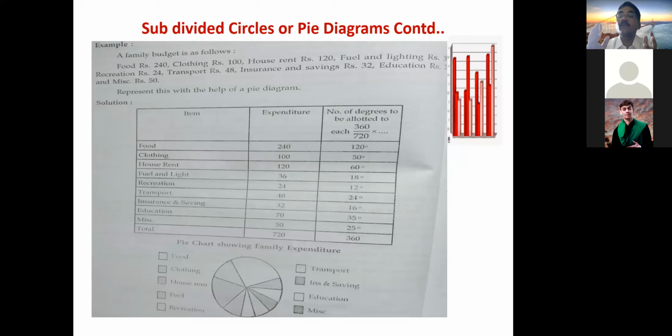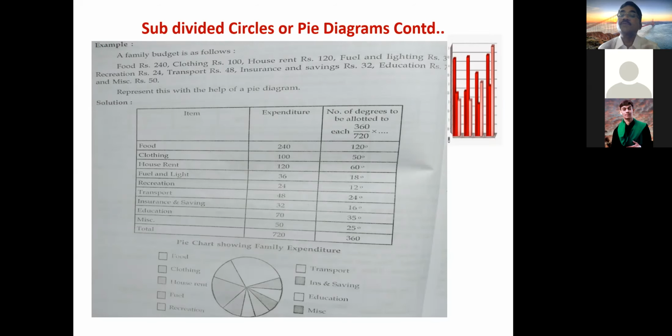Whatever component's expenditure is more, naturally that component will get more degrees. Then, once you determine the degrees, you have to divide the circle accordingly, so that the problem will be over.